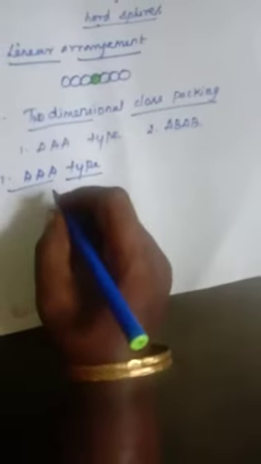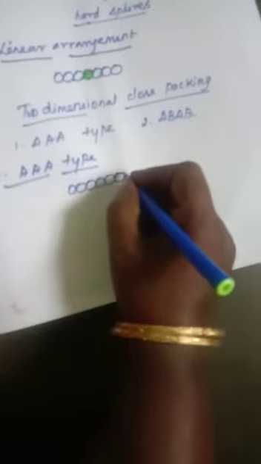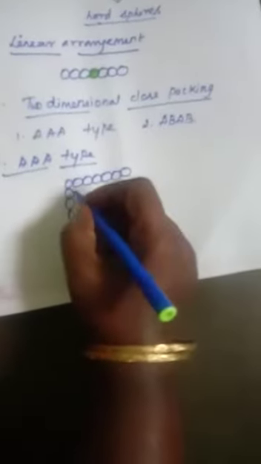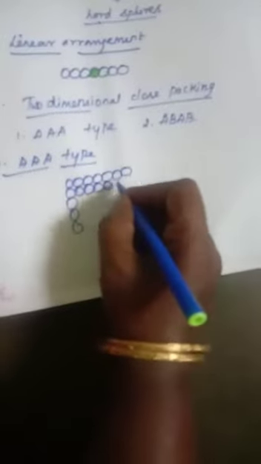Here, the linear arrangement of spheres in one direction is repeated in two dimensions. That means this linear arrangement of spheres in one direction is repeated in two dimensions, so that all spheres of different rows align vertically and also horizontally.